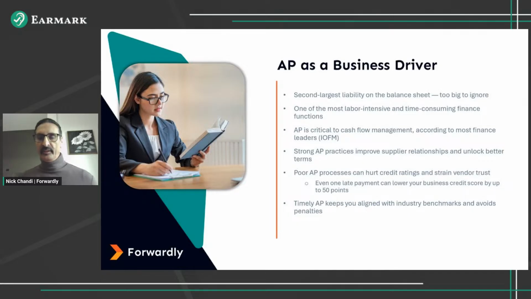And we have seen in some industries, it's very, very hard to replace those suppliers. Even if you get it, you're not going to get good terms, and it's going to be a very, very expensive process. And some suppliers, they report these late payments to credit bureaus.